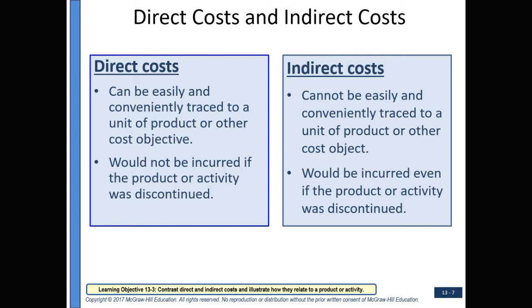If we didn't create that, we wouldn't need those raw materials. Indirect costs, though, are not easily or conveniently traced to a unit, product, or a cost object. They would be incurred regardless if that product or activity was discontinued.